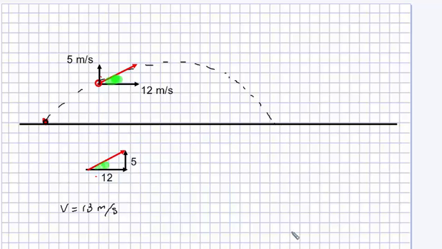To figure out that angle, we can use tangent, because by definition the tangent of that angle should equal opposite over adjacent, and our opposite side is clearly 5 meters per second, and our adjacent side is 12. So we're looking for the angle whose tangent is equal to 5/12.